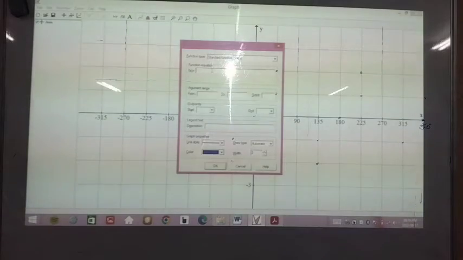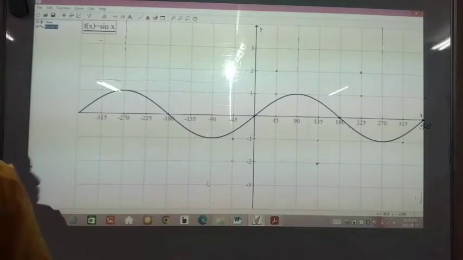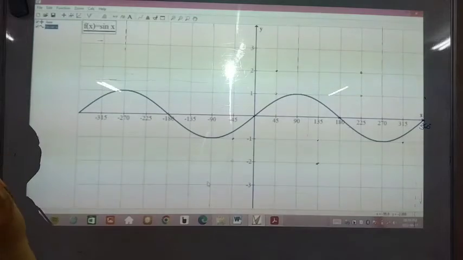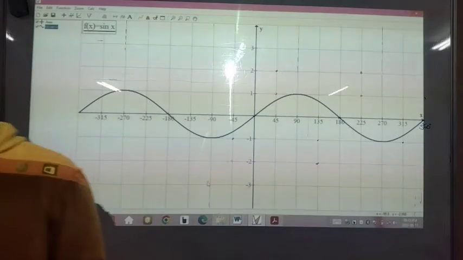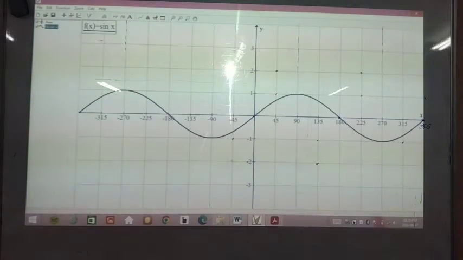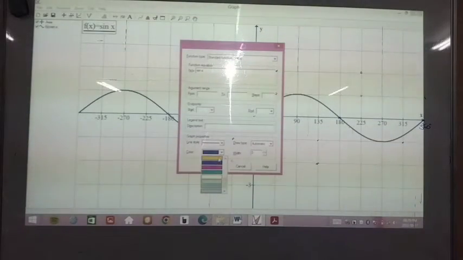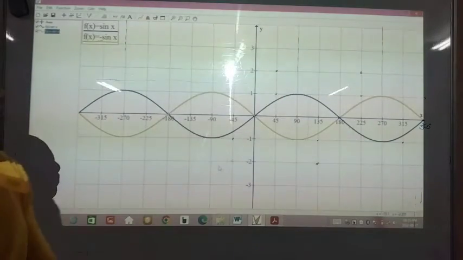So I'll put the graph of sine x. Alright, that's the graph of sine x. Now our A is negative 1. Let's see what is going to happen. So that will be negative sine x. I'll put the yellow color.